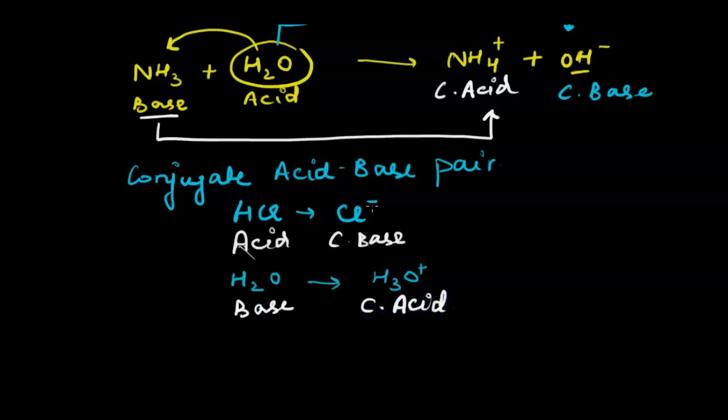Let's say you were given something like this and you were supposed to identify the conjugate acid and the base, or identify the conjugate acid-base pair. How would you decide which one is a conjugate acid, which one is a base, which one is a conjugate base and which one is an acid? So let's do an example for that. Let's say we have H2SO4 and HSO4 negative given to us.